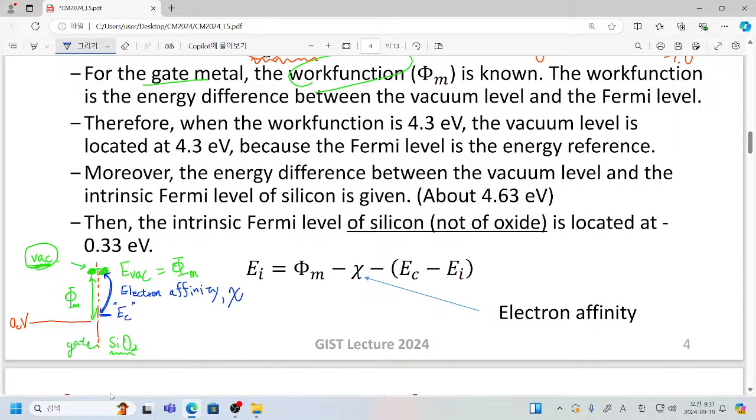So in our current setting, EC of silicon can be represented as metal work function minus chi. Then we can point out the conduction band level of our silicon material.